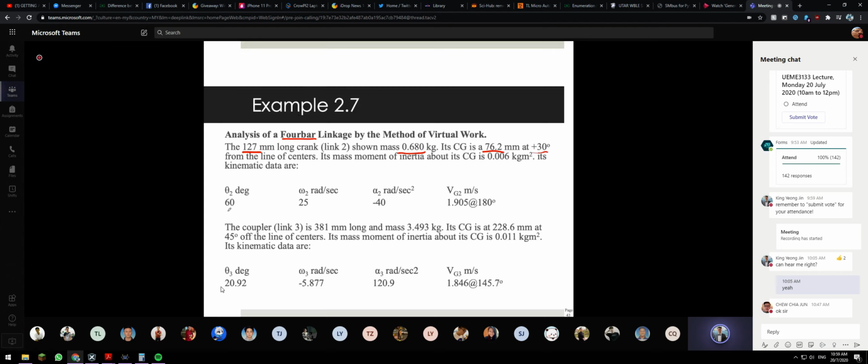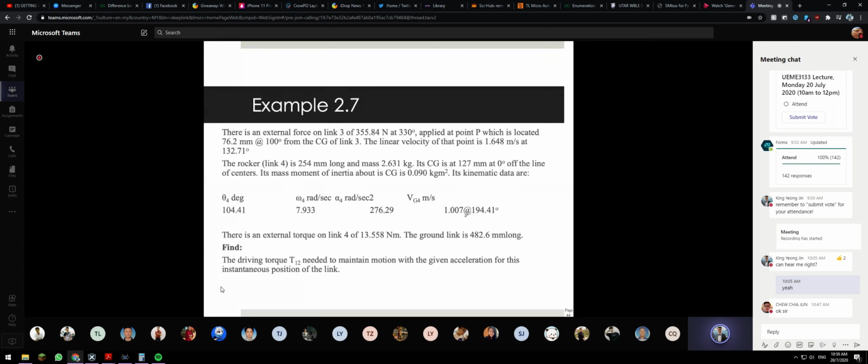But the difference now is that it gives us the velocity at G2, and similarly the velocity of the center of gravity of link 3, and also the velocity of the center of gravity for link 4.